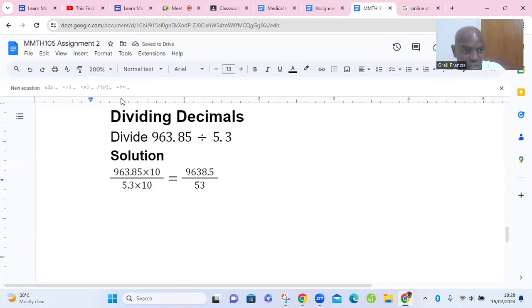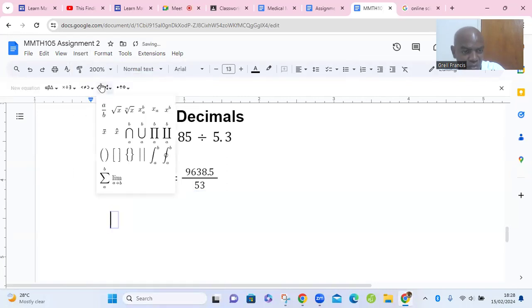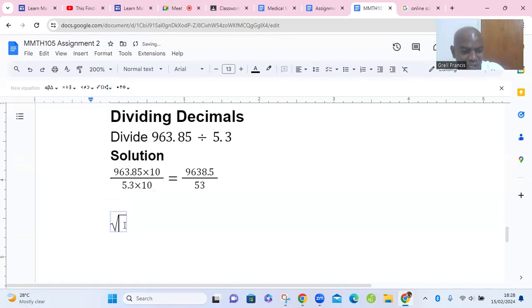Now we have to structure this in such a way that it looks like the division symbol, but I'm restricted now to Google Forms, so I'm going to borrow the square root symbol. Okay, now I'm not using it as the square root sign, I'm borrowing it now for the division sign.